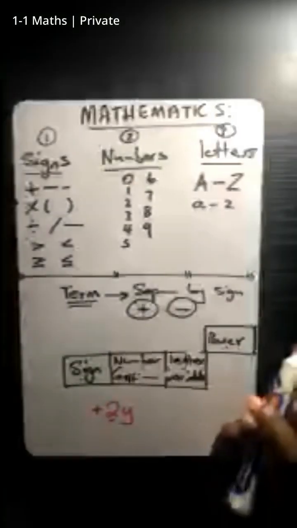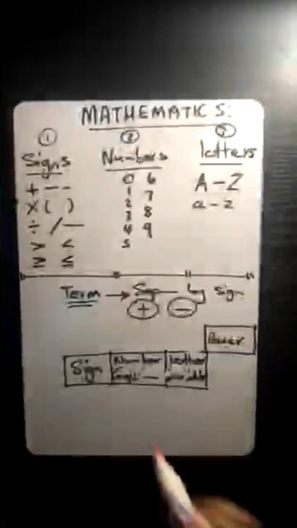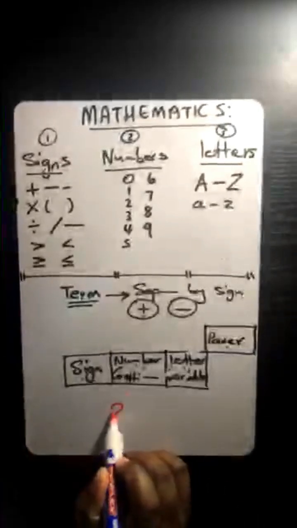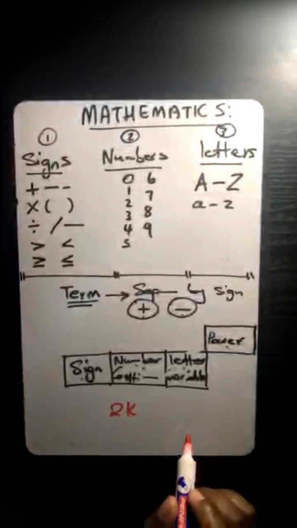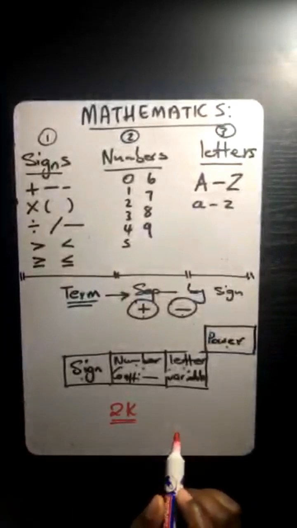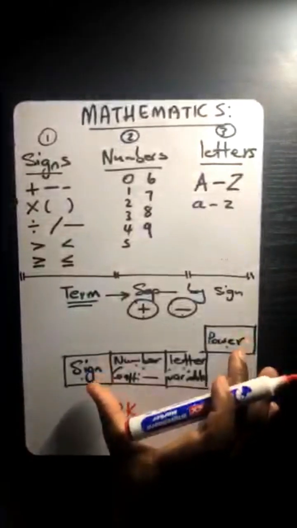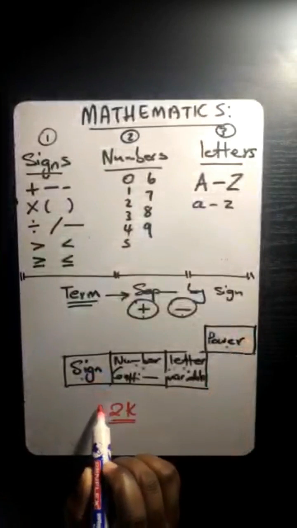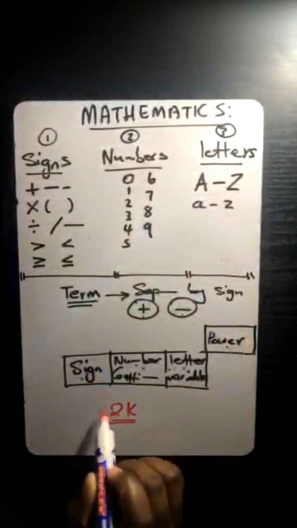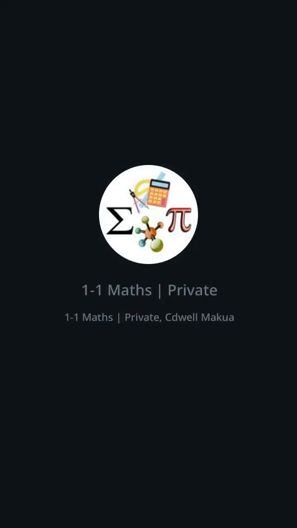Okay, so maybe let me quickly re-explain that and say if you are having, let's say, 2k, this is a term, and you have this in each and every term. If there is no sign there, you need to always know that there is an invisible positive, which is that sign.